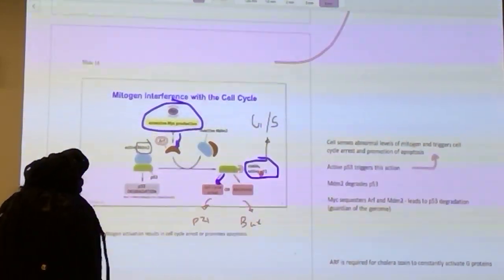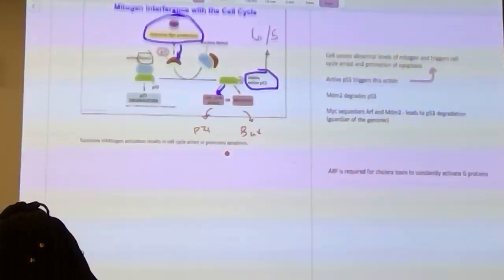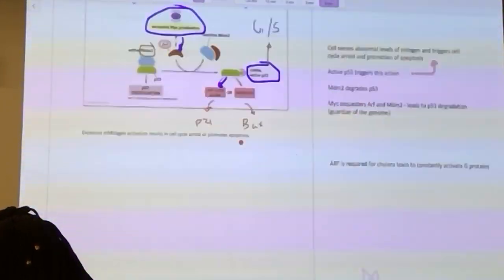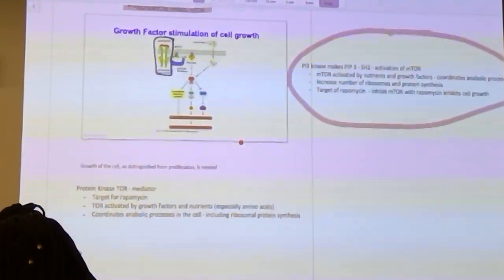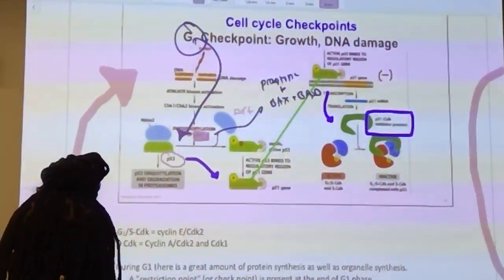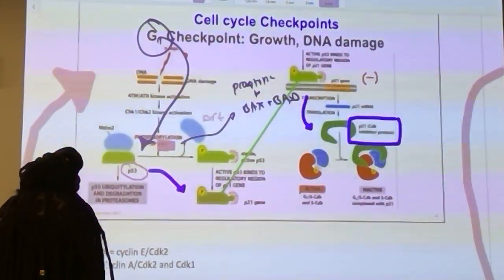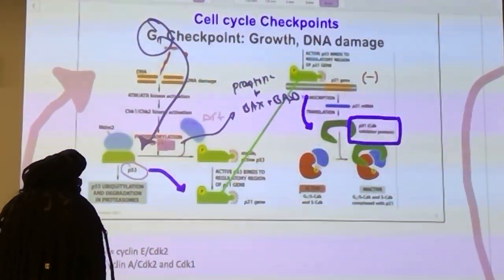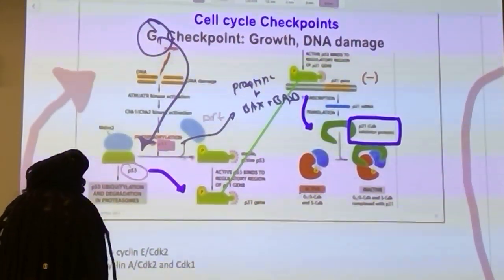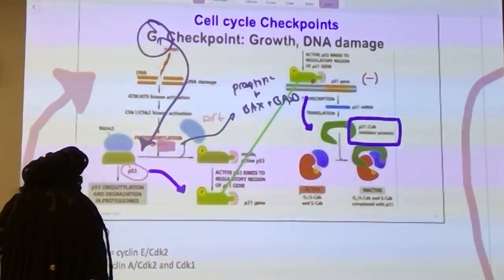Just know that P53 is the main checkpoint for G1/S. When there's DNA damage or too much mitogens, P53 becomes activated, and then P53 makes P21, and what P21 does is halt the cell cycle.